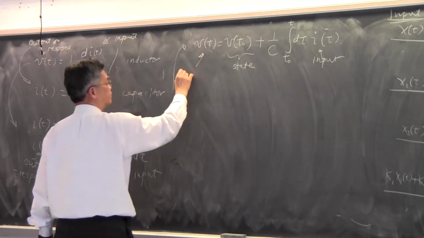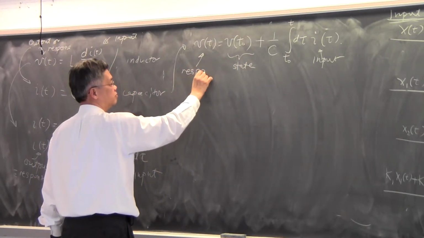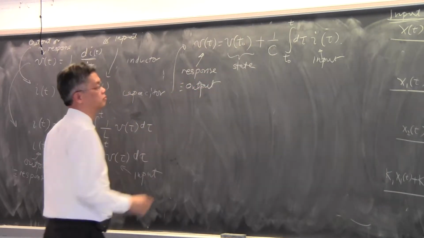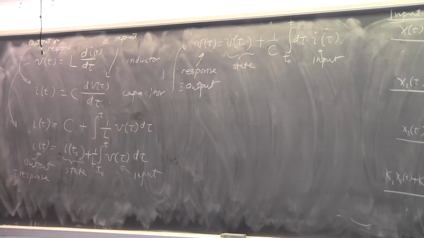This is my output, or the response. Okay, are there any questions so far? So I can convert these equations into an integrator system so that it becomes an integrator instead of a differentiator. Okay, and we can test to see if these systems that we have designed this way are linear or not.